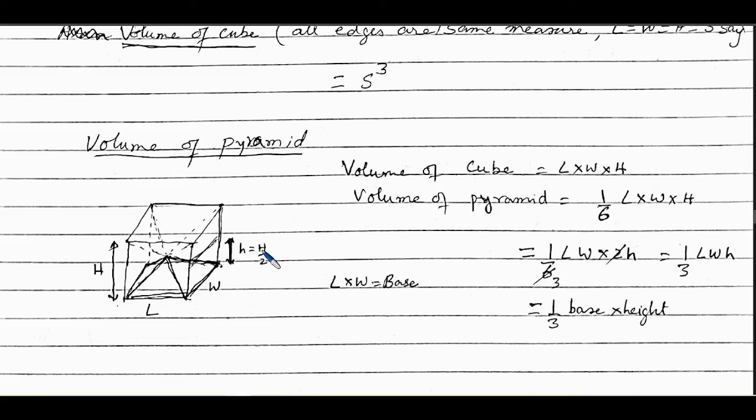So the volume of the pyramid is 1/6 the volume of the cube, L into W into H. If I substitute this capital H with 2 times small h, I will get 1/3 length into width into height. Length and width form the base, so 1/3 base into height is the volume of this square base pyramid.